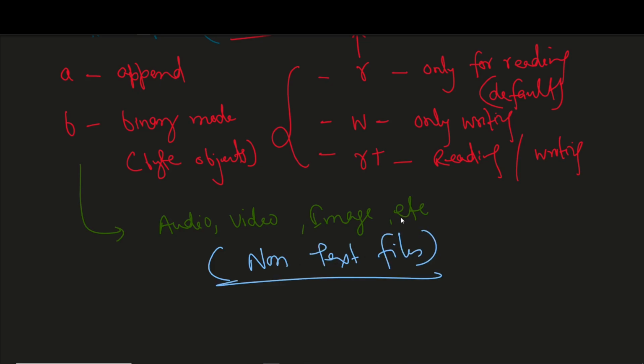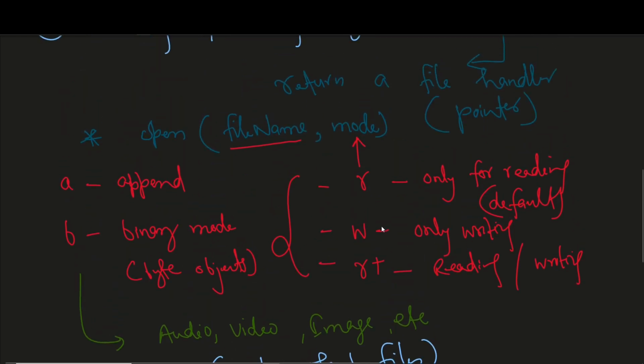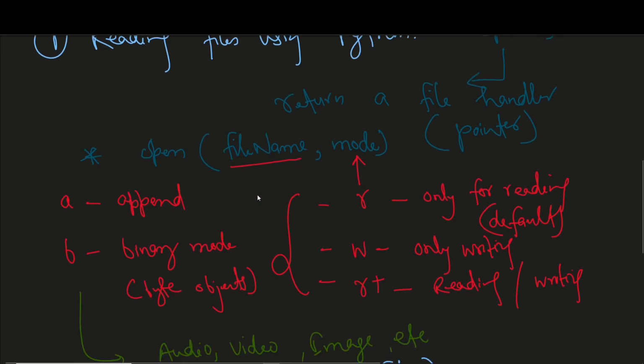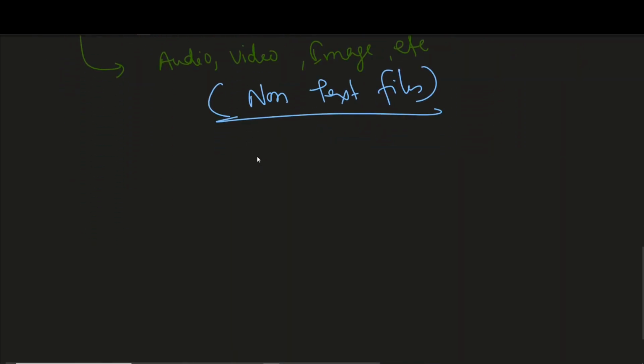So there are a lot of modes. Now let's go back to reading files using Python. We'll use the open method to open the file in one of the modes, and when we have opened a file, it returns a file handler.